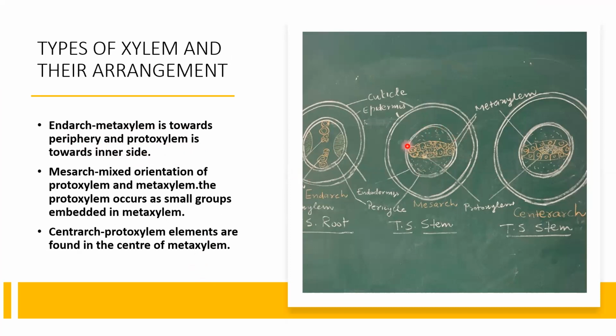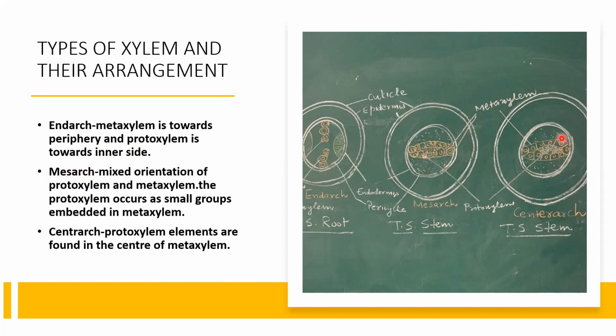Sometimes in vascular bundles, protoxylem and metaxylem are mixed. Somewhere protoxylem, somewhere metaxylem. We can see here they are mixed. When there is no definite arrangement, this condition is called mesarch.